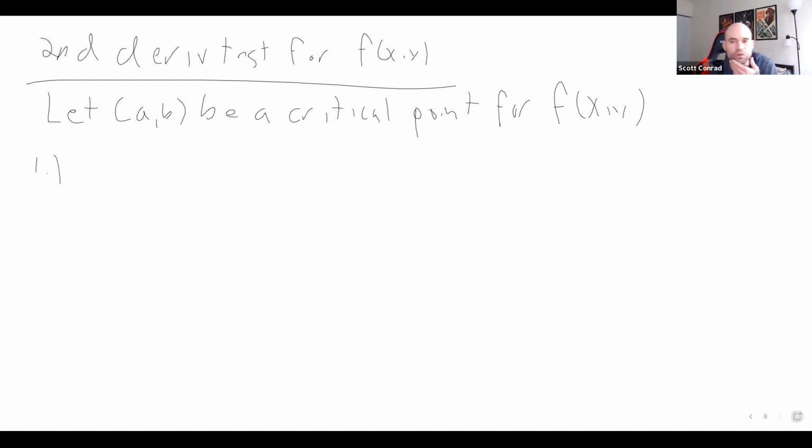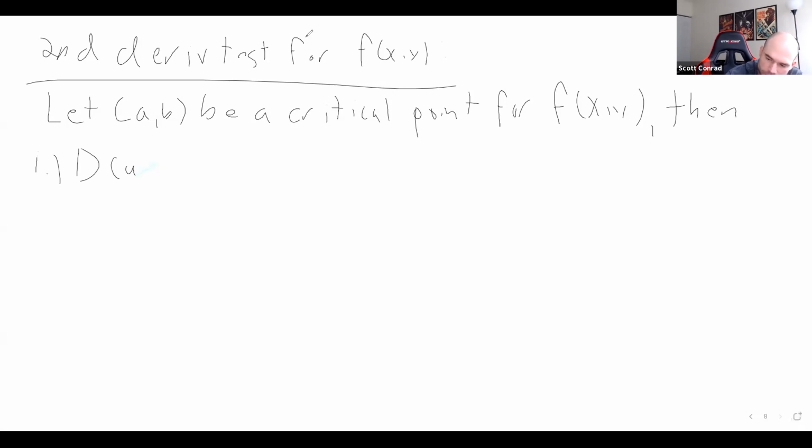Technically this is assuming all the partials are continuous, but that's basically always going to be the case in this class. Let me write it this way.